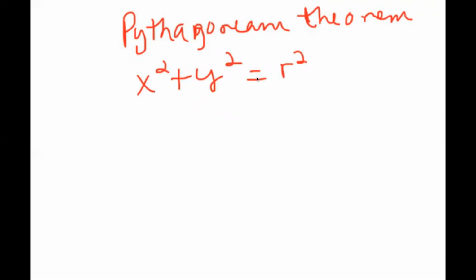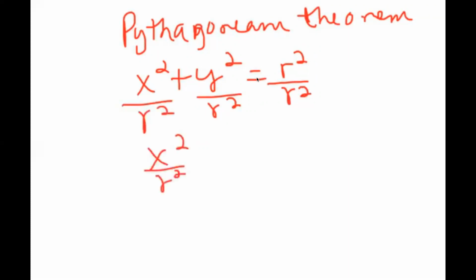R has to do with the hypotenuse, with the radius, and we're talking about a unit circle here. So here, guys, listen, if we were to simplify this by dividing every single term by r squared, this would simplify to x squared over r squared plus y squared over r squared equals 1, okay?